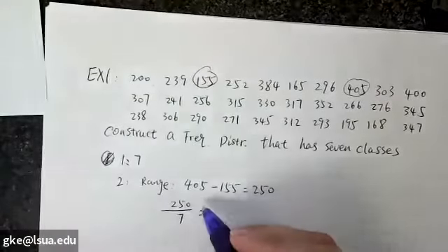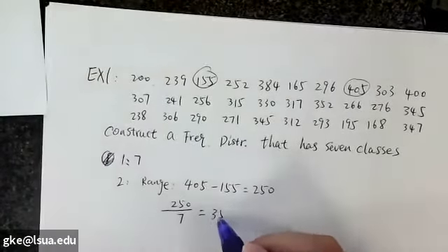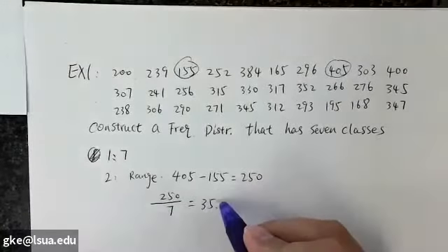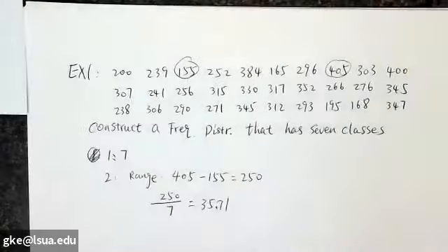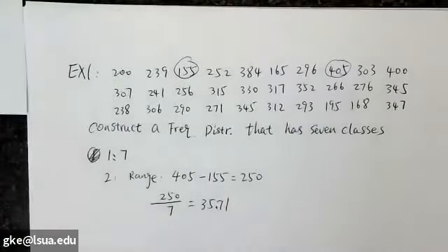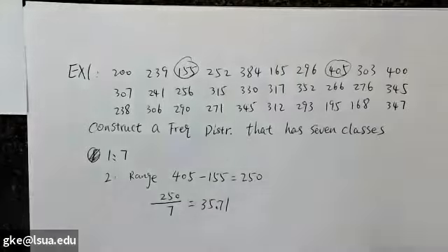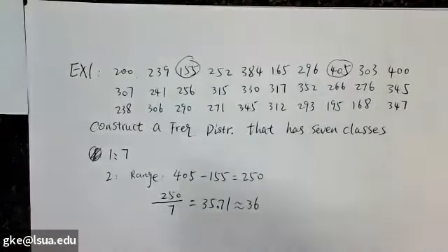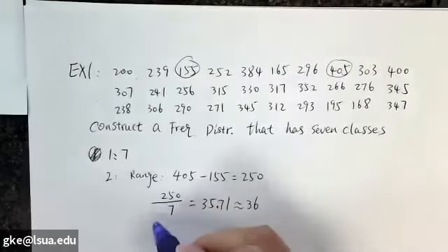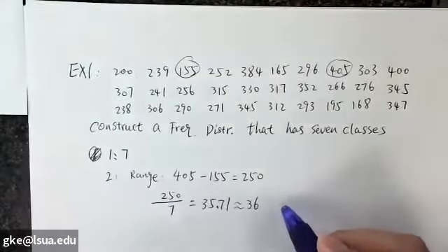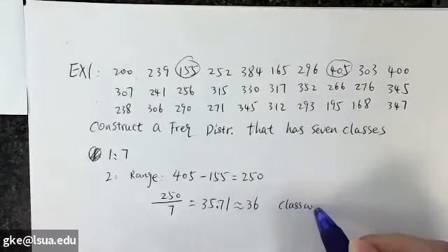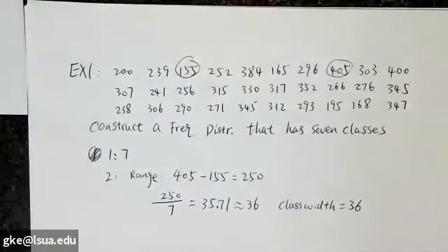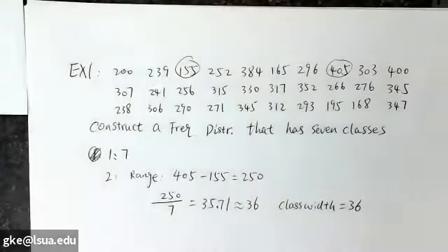If you use the calculator, that is 35.71. Now the key part is what? We need to round up. Round up to 36. So the class width is going to be 36. Aha, we get it. Fantastic.